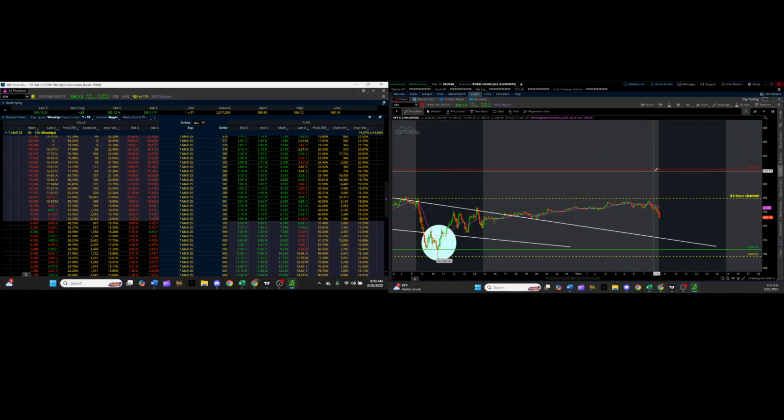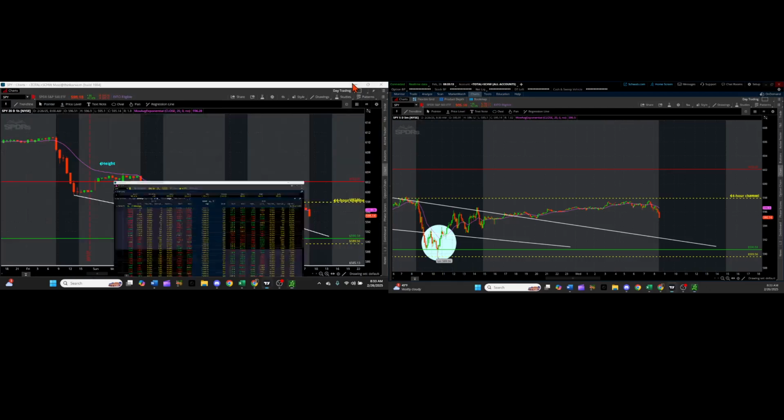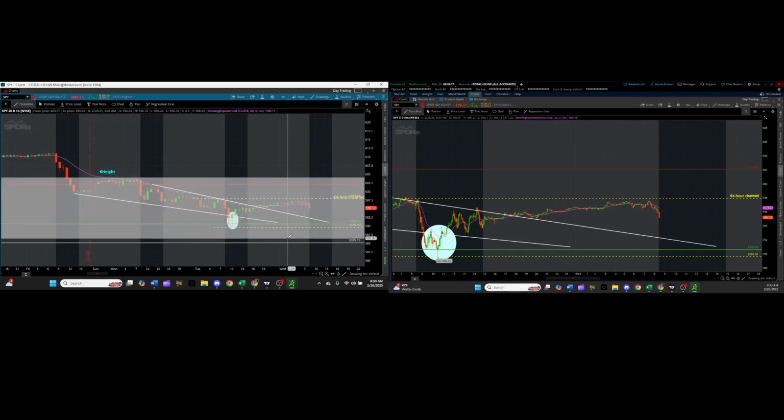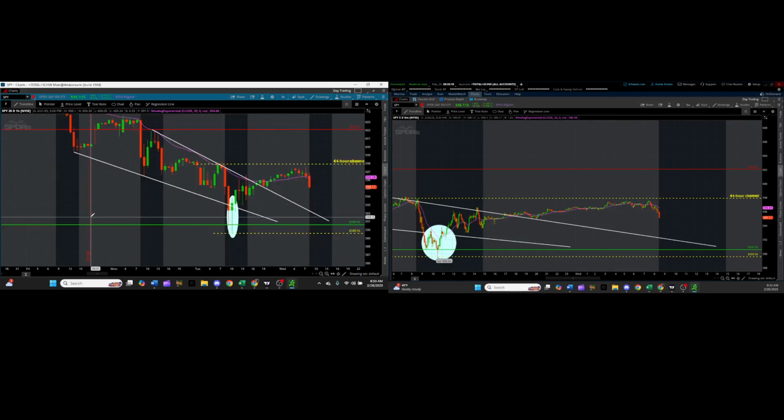All right. So stay focused, stay zoomed out. That's one of my somewhat weaknesses too. I'll end up zooming in so much that I'll change my game plan.